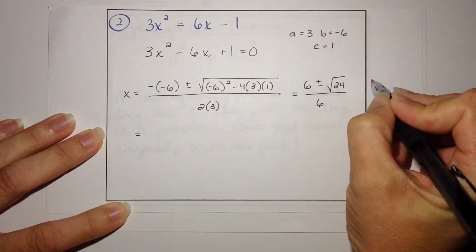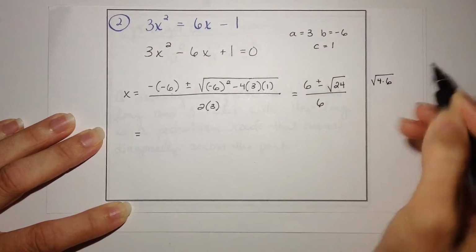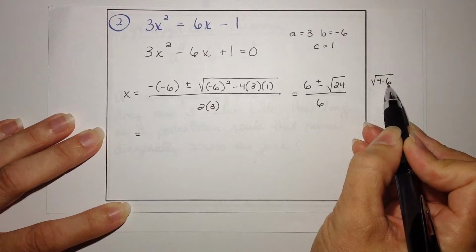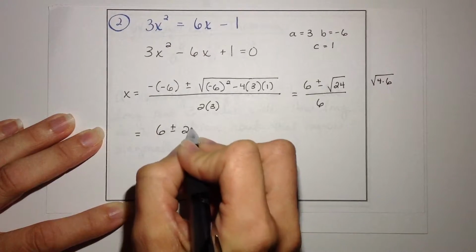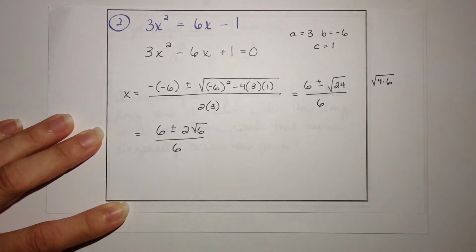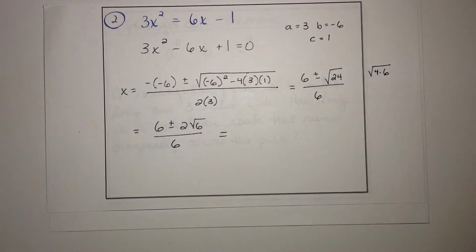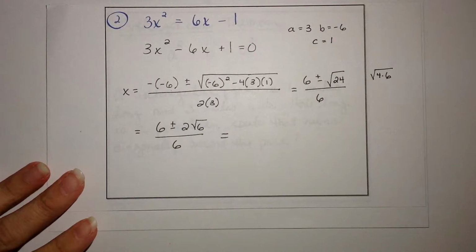And I'll just come over here to the side. The largest perfect square that will go into 24 is 4. So you'd break it up as 4 times 6. So square root of 4 is 2. The 6 is left underneath, and then you've got the 6 on the bottom. So this is where I was talking about a while ago. Sometimes you will have a radical, which would actually mean here this is an irrational answer.